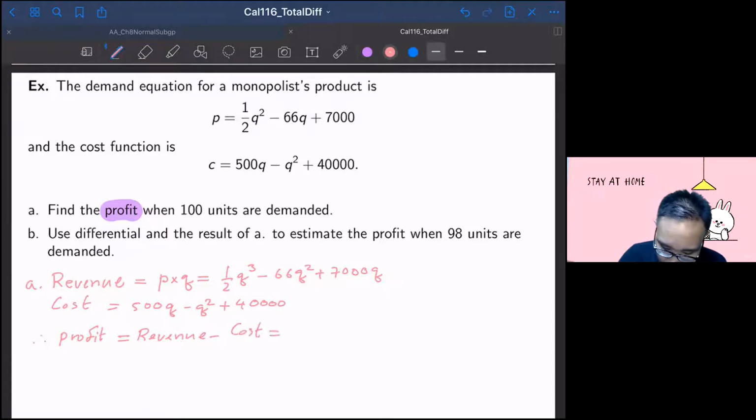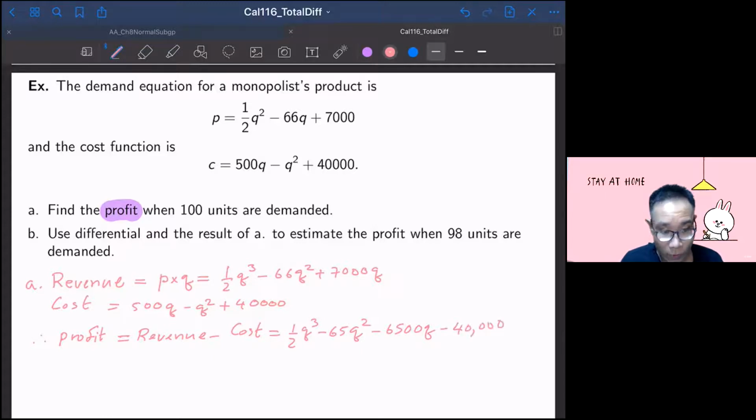The profit comes from the revenue subtracted by the cost function. So you get 1/2 Q cubed. Okay, so you get minus 66 minus 1, so minus 65 Q squared. Okay, and 7,000 minus 500, so it's going to be 6,500Q. Okay, and you have minus 40,000.